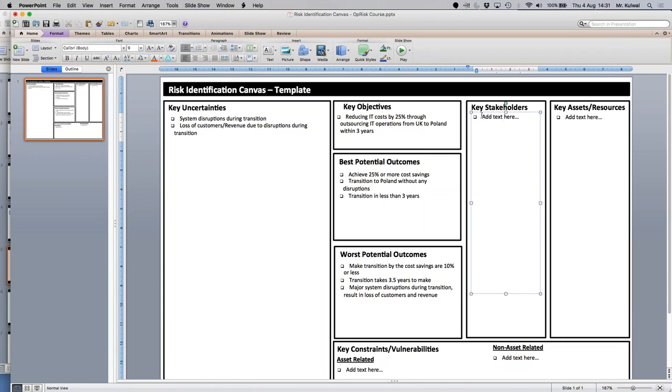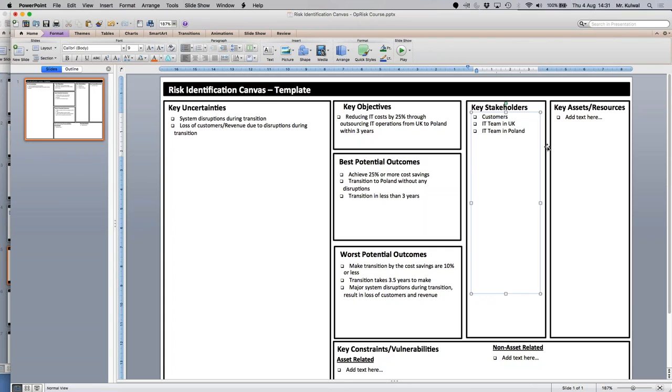So let's talk about some of the stakeholders. So who would be some of the stakeholders here who may either be involved in the processes, people, systems, or who may be impacted by? Yeah, so we've already identified customers, that we want to make sure we think about our customers. We have our IT team in UK.